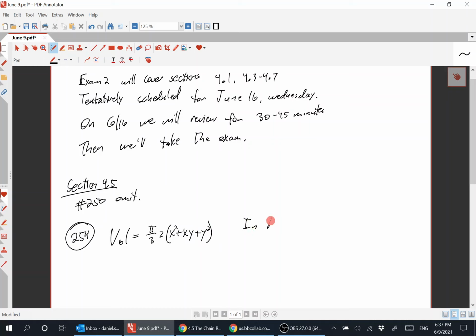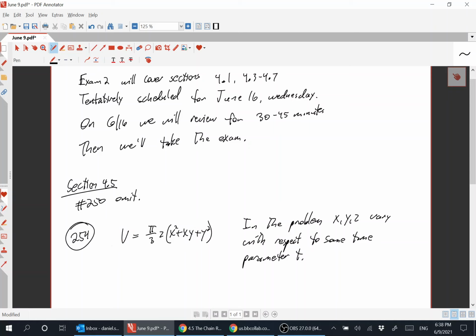So in the problem, x, y, and z vary with respect to a time parameter t. So x, y, and z are functions of t, which makes V, volume, a function of t.